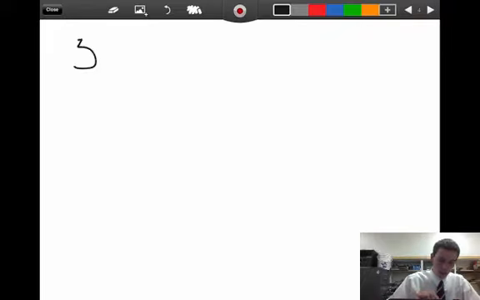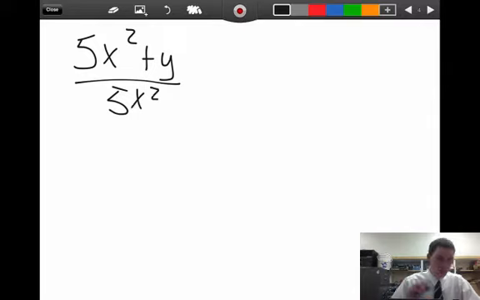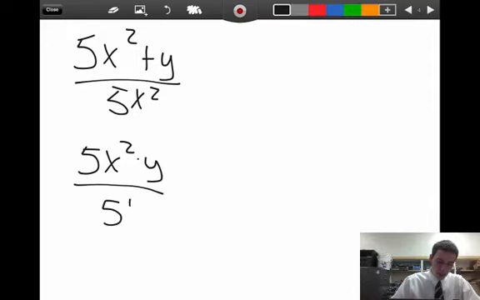Now, just as a reminder, we don't want to confuse these two things. If I have 5x squared plus y divided by 5x squared, how is that different from 5x squared times y divided by 5x squared?